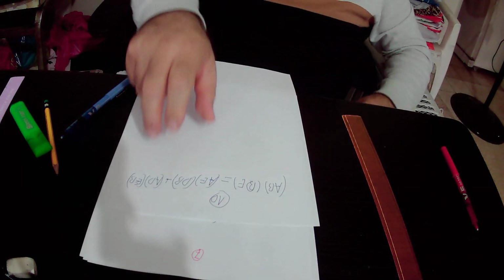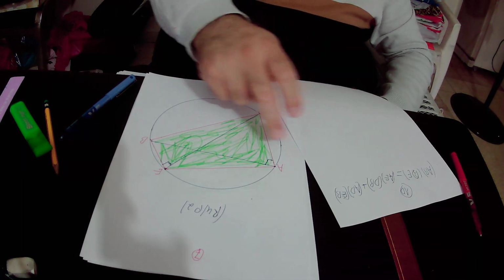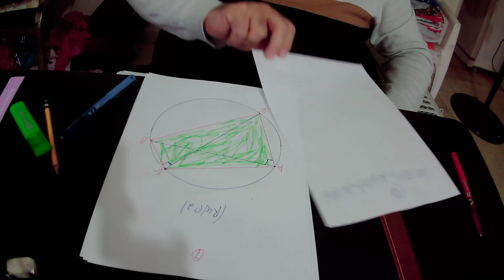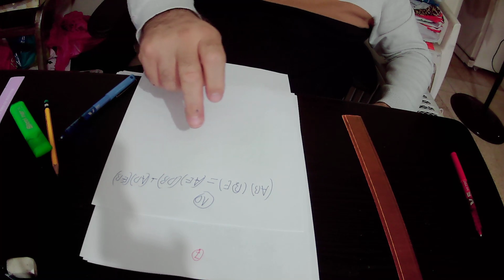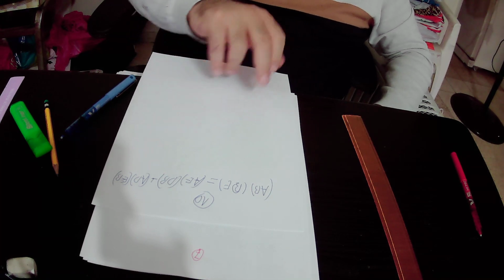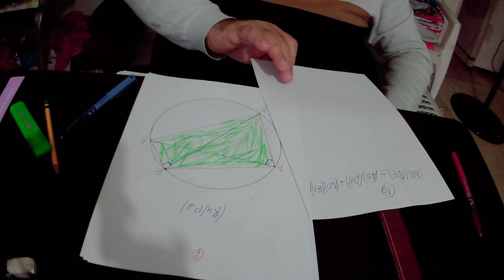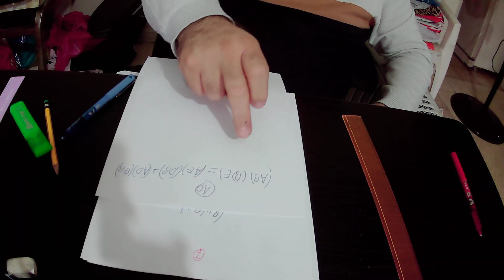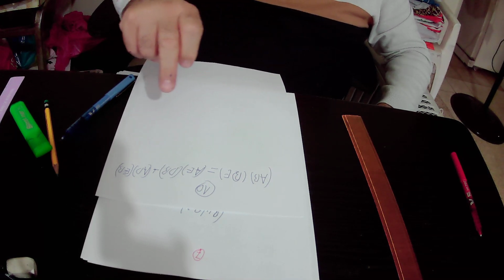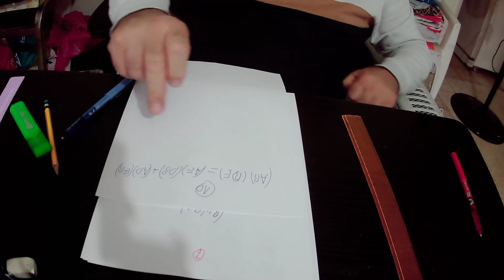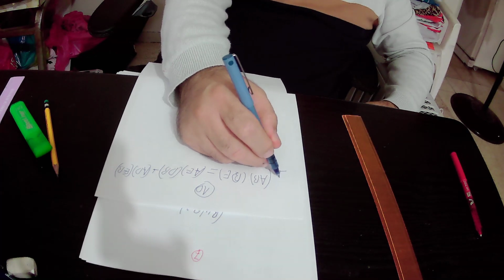And that sum equals the product of its diagonals, AB times DE. Okay? So AB times DE, the product of its diagonals, equals the sum of the products of its opposite sides, that is actually AE times DB plus AD times EB. So that is actually equation number 3.